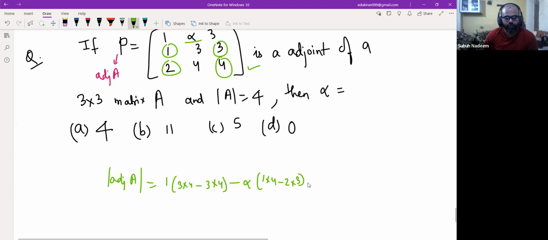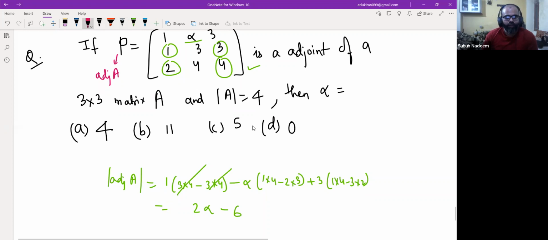Then plus 3, and then (1 into 4 minus 3 into 2). So it will become 12 minus 12, which cancels. It will become 4 minus 6, that is minus 2, so 2 alpha it will become. And 4 minus 6 becomes minus 2, and then minus 6. So 2 alpha minus 6.